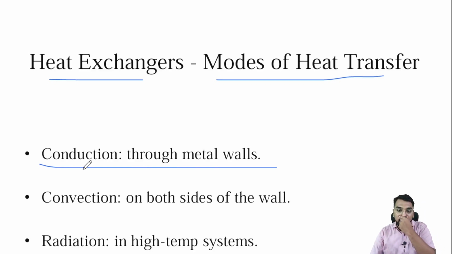As in the first 3 lectures we have seen the types and modes of heat transfer, I am going to recall it again. First is conduction, which happens in a solid due to intermolecular vibrations and free electrons. Second is convection, which happens between a solid and a fluid flow. Because of fluid flow there will be convection, for which we calculate Q with respect to the convective heat transfer coefficient.